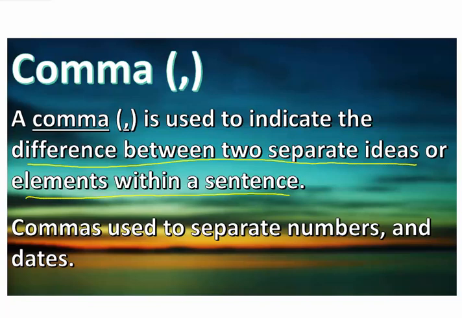It can separate two ideas or elements within a sentence. Also, commas are used to separate numbers. You have to consider this one. A comma is used to separate numbers and dates also.